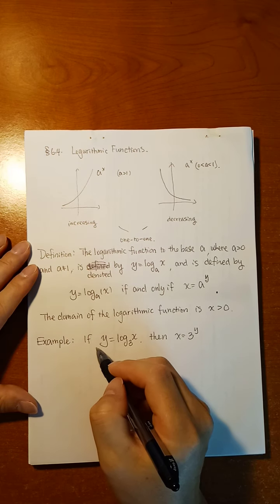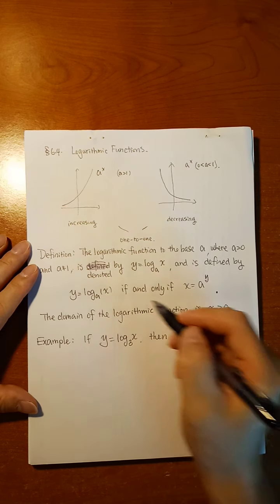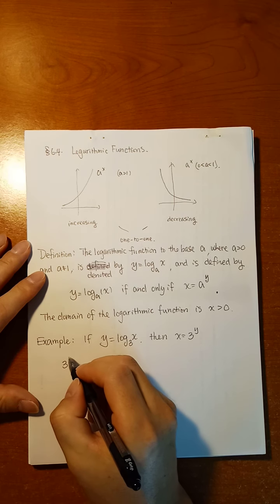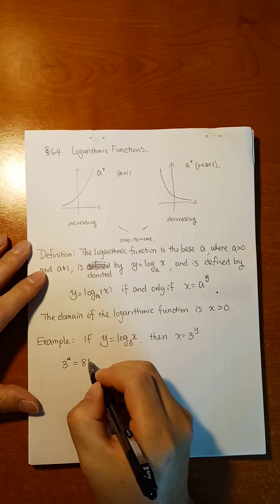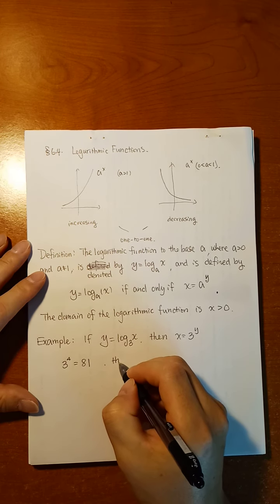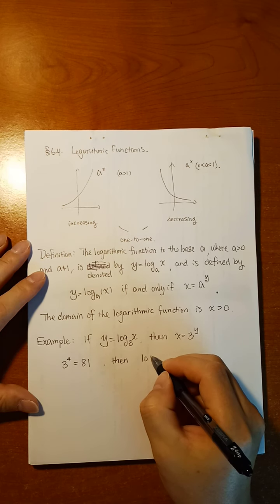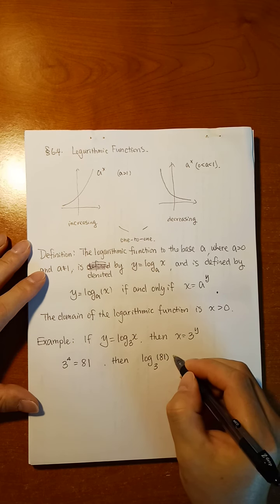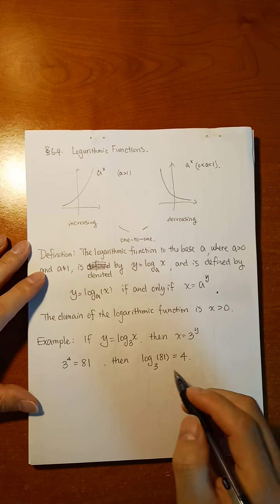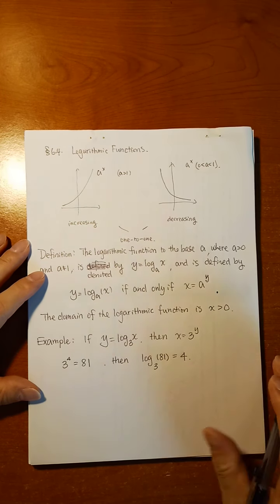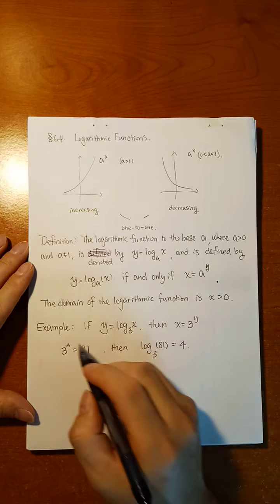So when you move 3 to the left side, 3 becomes a base. For example, because 3 to the 4 is 81, the fourth power of 3 is 81, then the logarithm to the base 3 of 81 is equal to 4. We want to know the power to the base of a certain number. So the value is the power.